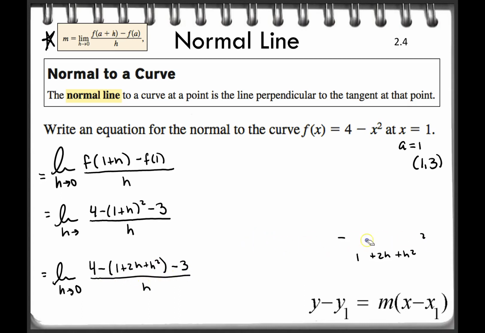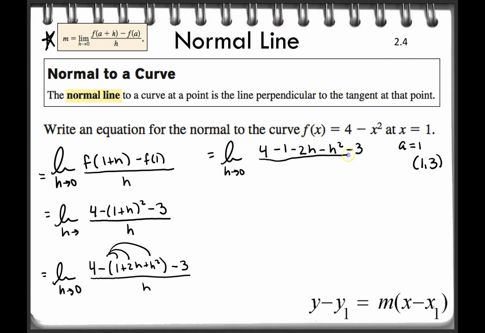We're going to have to continue with simplifying here so that we can get some h's to cancel. So this is going to be the limit as h approaches 0 of 4. Now let's distribute this. So it's going to be minus 1 minus 2h minus h squared minus 3 all over h. Okay, we're crossing our fingers that things cancel.